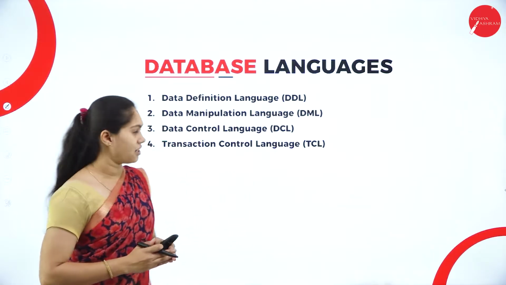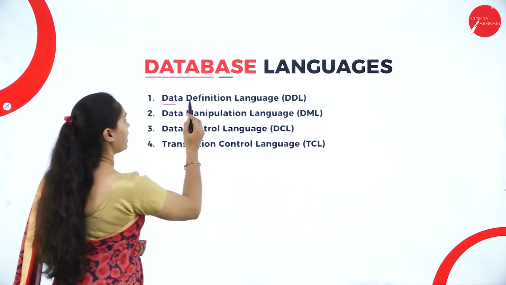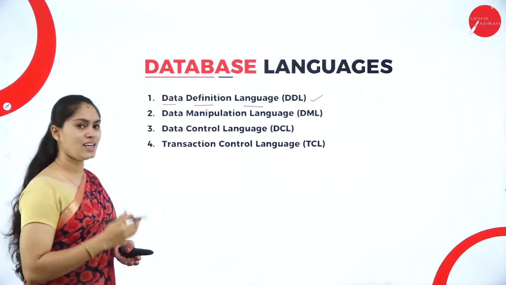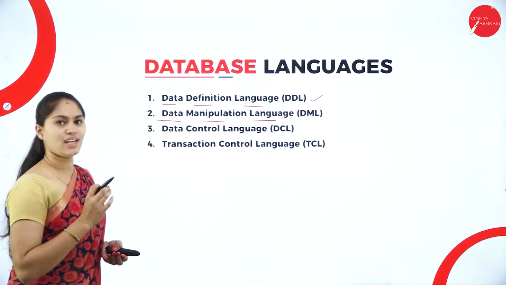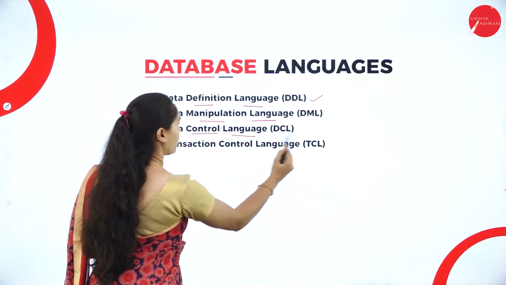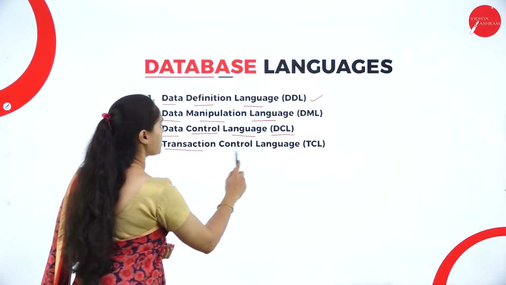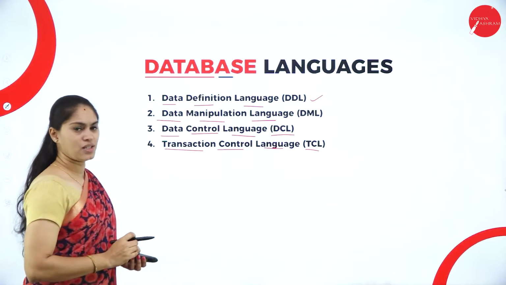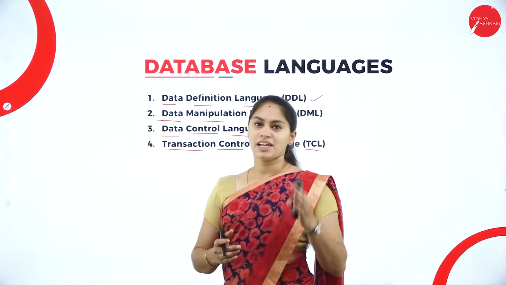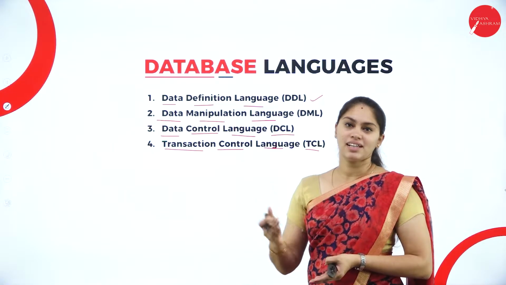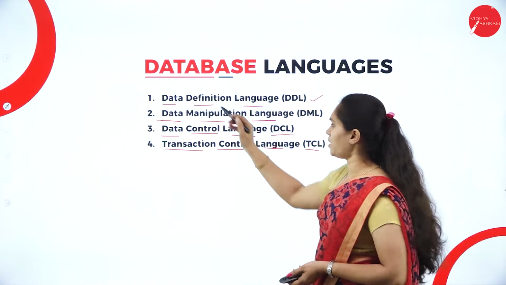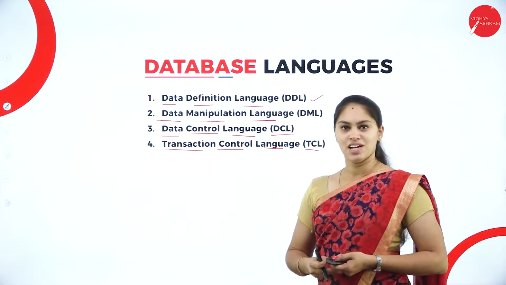They comprise data definition language, in short DDL, and also data manipulation language, in short DML. Data control language, that is DCL, and transaction control language, TCL. All these languages are used in the DBMS in order to work efficiently with respect to a particular type of user. So we'll see the data definition language first.